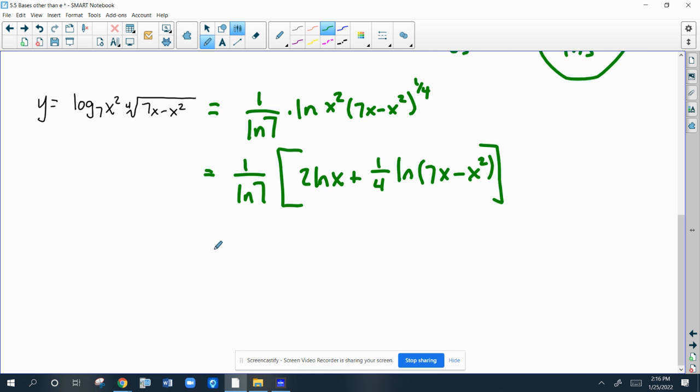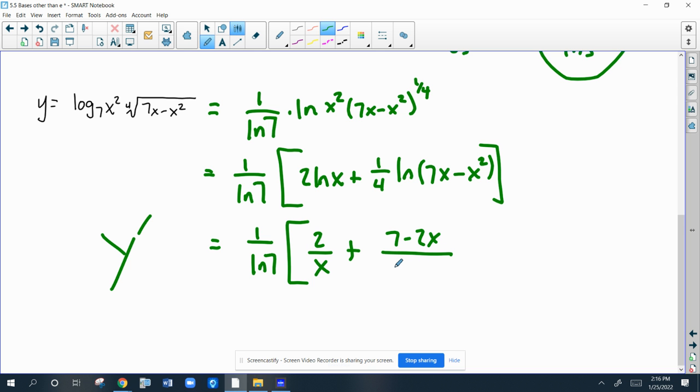Now the derivative is going to be super easy. So the derivative, 1 over natural log of 7 is constant. And then now we just do our natural logs. So the derivative of natural log of x is 1 over x. And then the derivative of the natural log of this expression is just 7 minus 2x, the derivative, over itself.